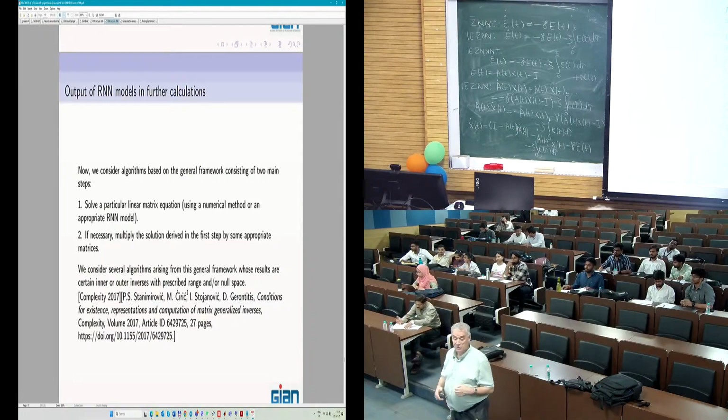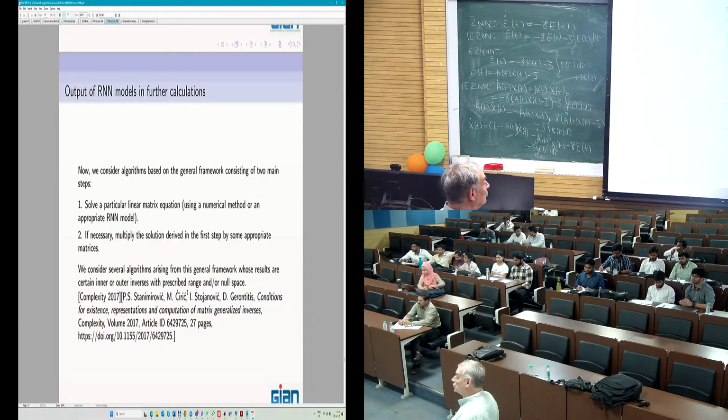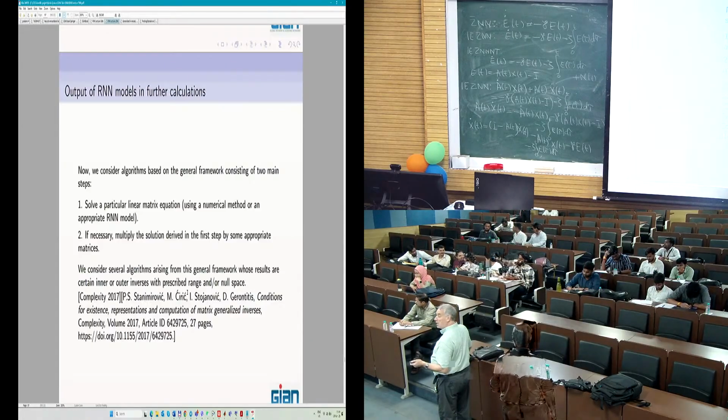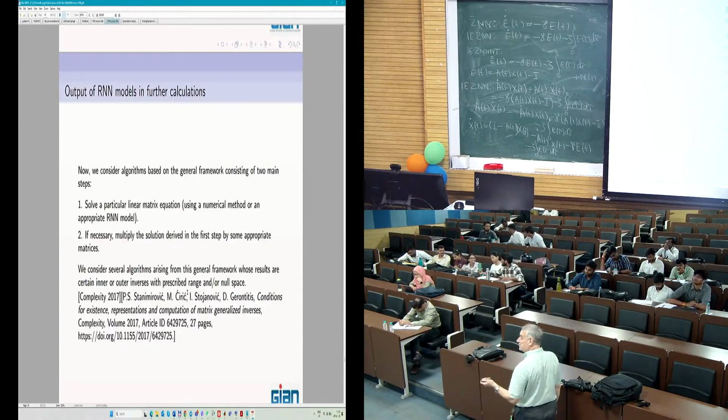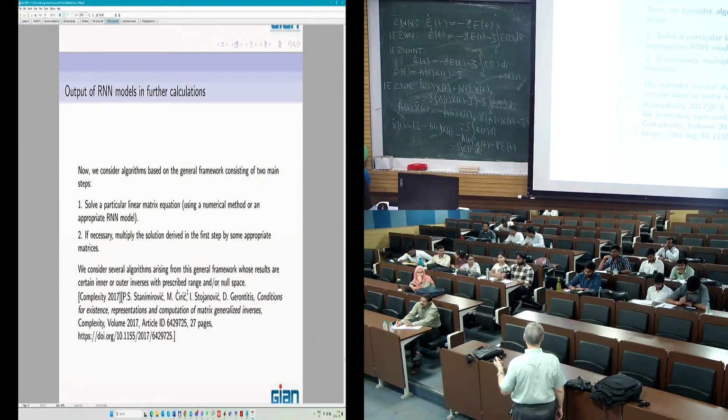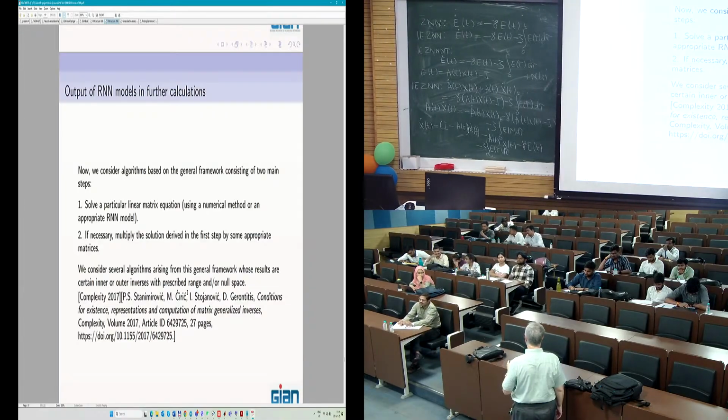The main idea is based on two general steps. And the next step is to multiply the obtained solution. The method can be used to solve linear matrix equations, here using a gradient neural network, and another approach is based on symbolic computation.